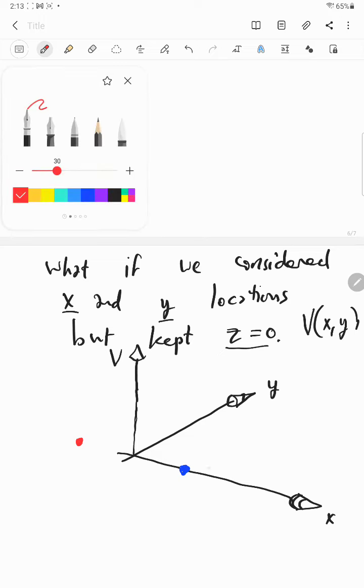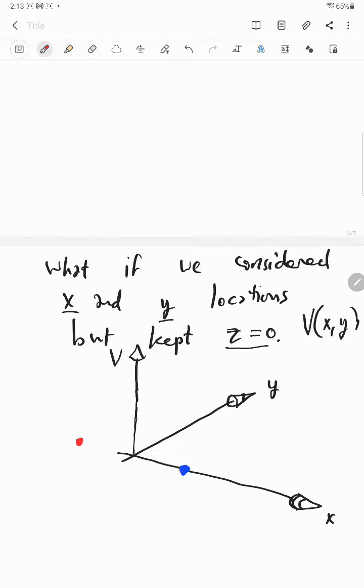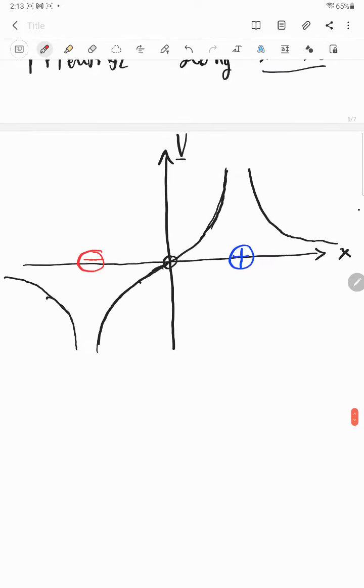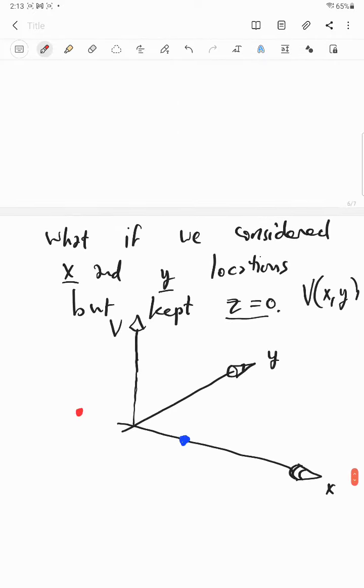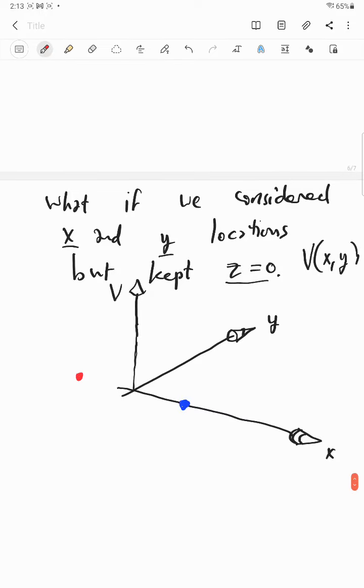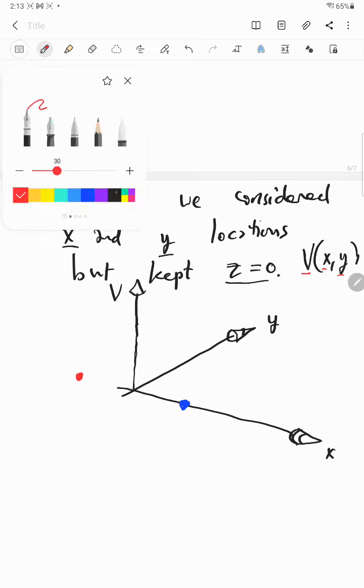But now the potential is not going to be a line like up here, but the potential is going to be a 2-dimensional surface, because it's a value for 2 dimensions of coordinates. It's going to be a 2-dimensional sort of blanket in this 3-dimensional coordinate system. So I'll draw it in black.